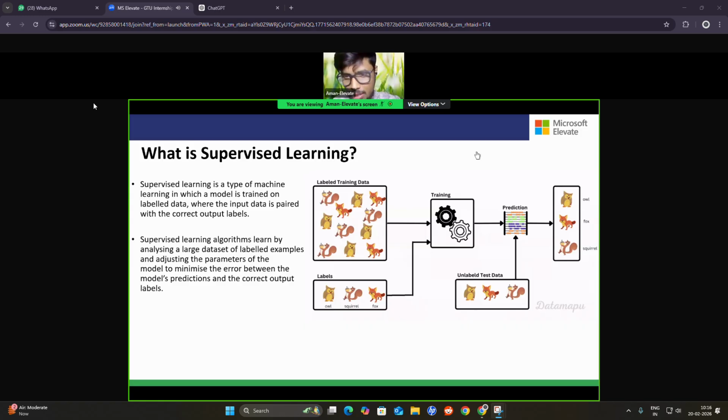Okay, guys, let's start. Sir, can you tell us which algorithms are going to be covered in supervised learning? Yes. I have planned a really nice thing for you guys. We'll be covering supervised learning in both ways: regression as well as classification. In regression, we'll be covering linear regression, multiple regression, decision trees, and some part of polynomial regression as well.